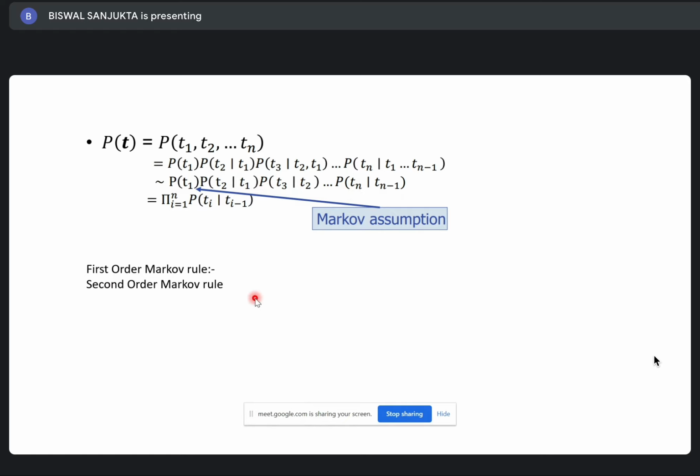And if I need to take the second order Markov rule, let's say in the exam, it means T3 would be dependent on T2 and T1, because we need to take two previous states. So the probability of Tn will be dependent on the n minus 1 state and the n minus 2 state. This is the Markov assumption, or Markov rule.